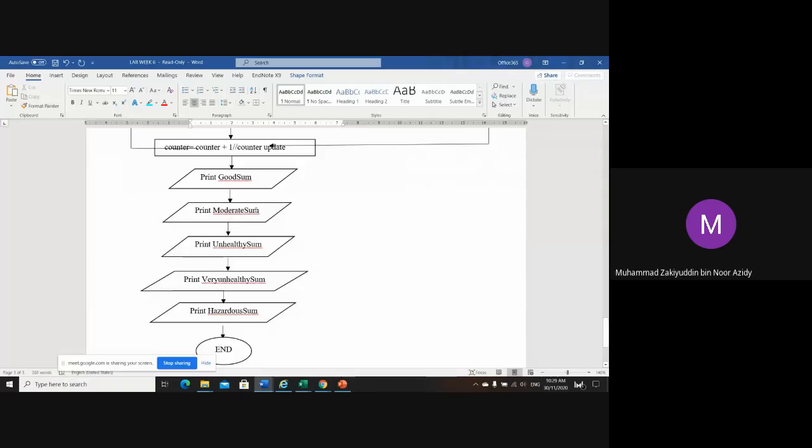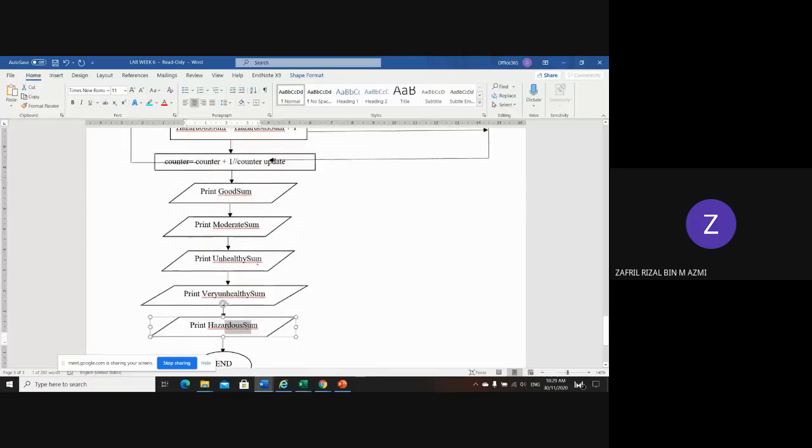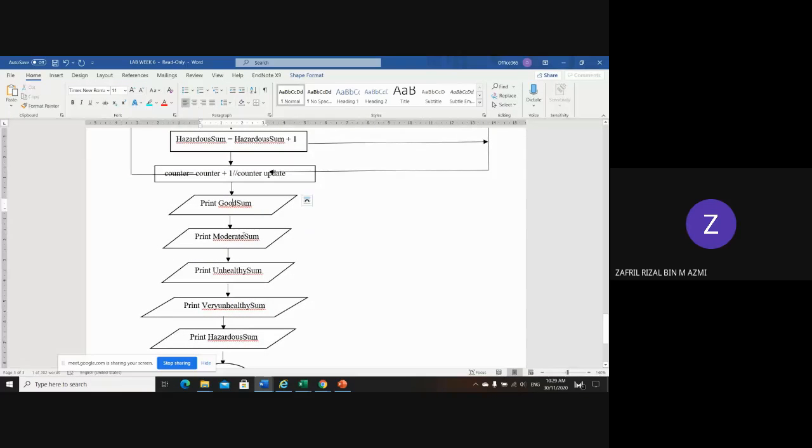It's going to be 0, right? Over here also 0, sir. So the output is going to be 10, 0, 0, 0, 0, if the PSI value is below 50 for all the 10 inputs. Everyone understand this?